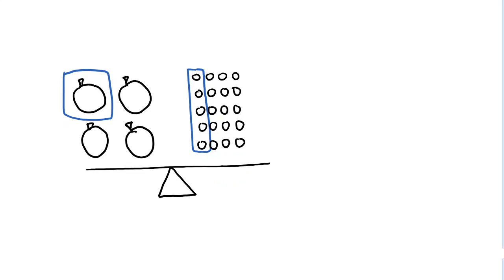And so that's our conclusion, that each bag must contain 5 coins. And the idea is that 1/4 of the weight of the left side should be the same as 1/4 of the weight of the right side if they weighed the same to begin with.